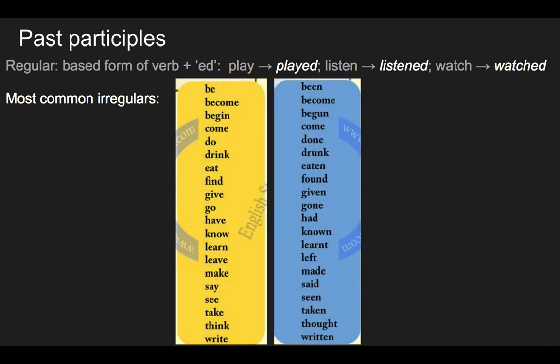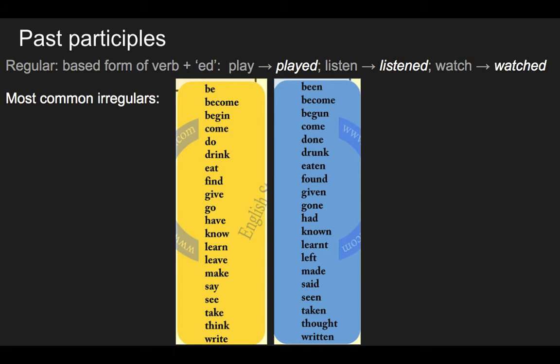So here they are. For example, be. We know in past simple, be is was or were. But the past participle is been. Become. In the past simple it's became, but the past participle is become. So, be, been.